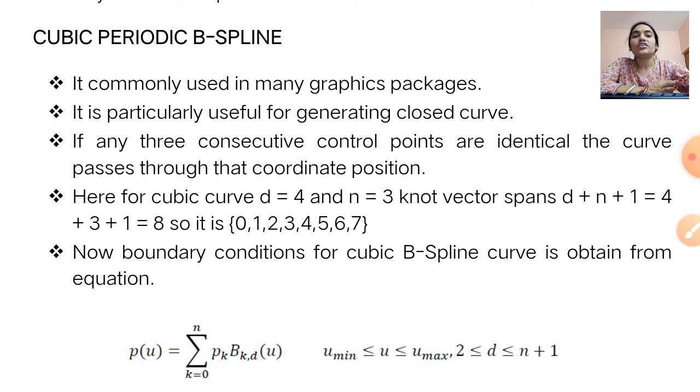If any three consecutive control points are identical, the curve passes through that coordinate position. Here, for a cubic curve, d equals 4 and n equals 3. Then the knot vector spans d plus n plus 1, equals 4 plus 3 plus 1, equals 8 values. So it is 0, 1, 2, 3, 4, 5, 6, 7. That means counting starts from 0 to 7.